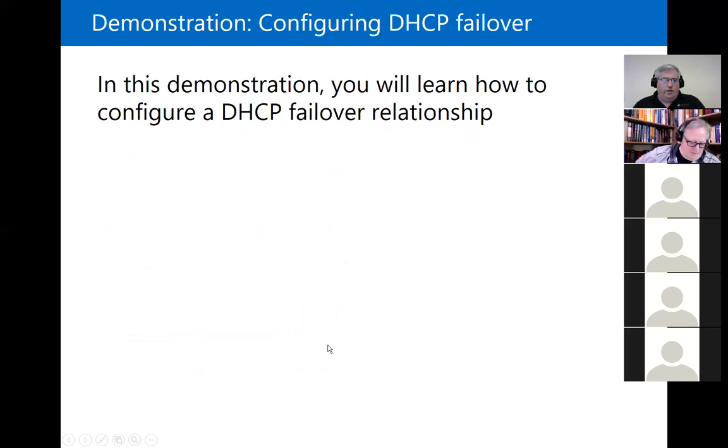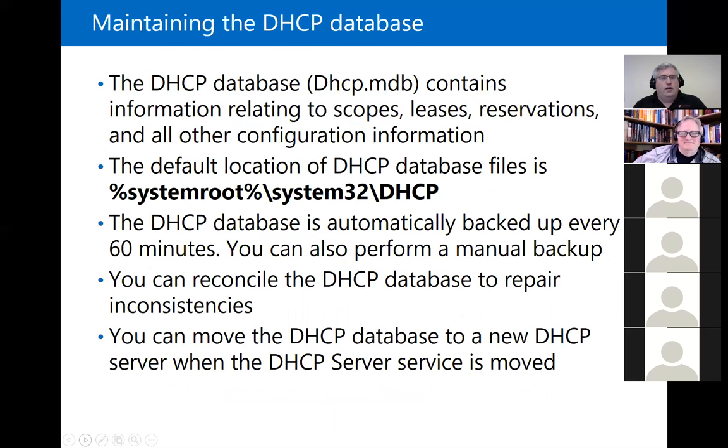Learn how to configure a DHCP failover relationship. Ooh, this will be fun. So the DHCP database, like I said, is a common configuration, and apparently it resides in system root, system32, DHCP. It's automatically backed up.